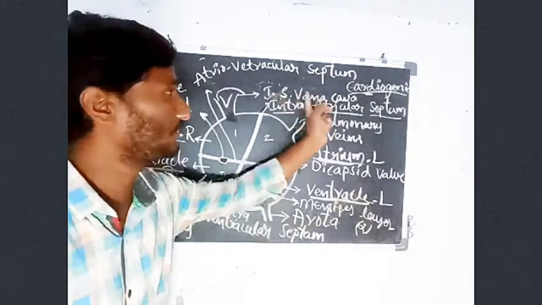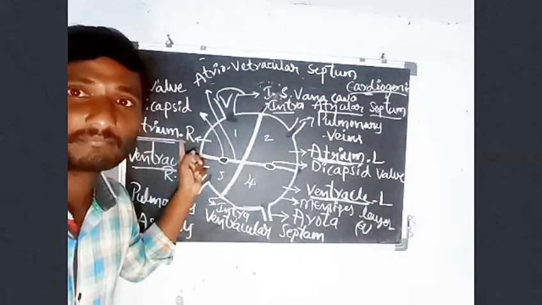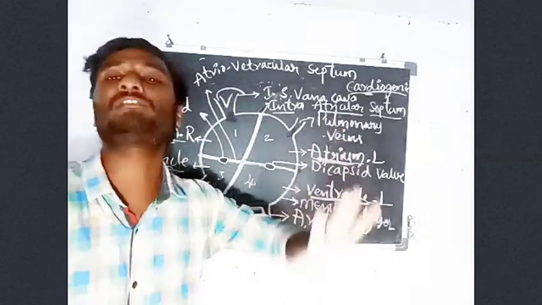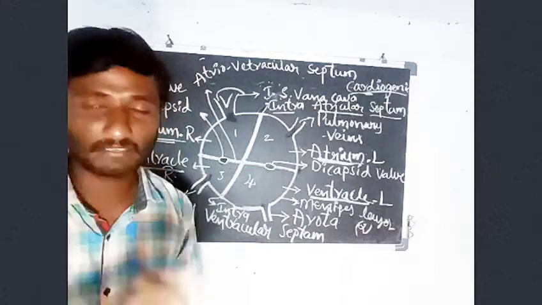The inferior and superior vena cava are connected to the right atrium. That's why the right atrium is bigger than the left atrium. That is an important point.